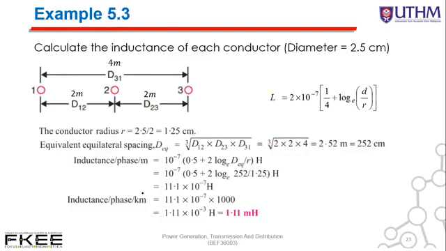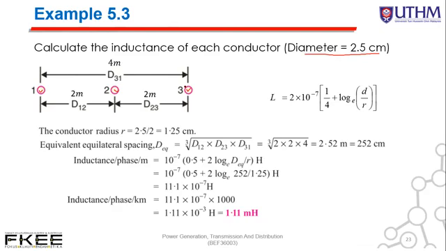Now let's look at a different case with different distances between conductors. Calculate the inductance of each conductor where the diameter is 2.5 cm. You have conductor 1, conductor 2, and conductor 3, where the distance is 2 meter between conductor 1 and conductor 2, 2 meter also between conductor 2 and conductor 3, and 4 meter between conductor 1 and conductor 3.